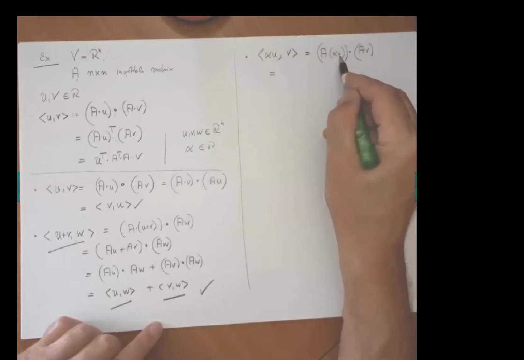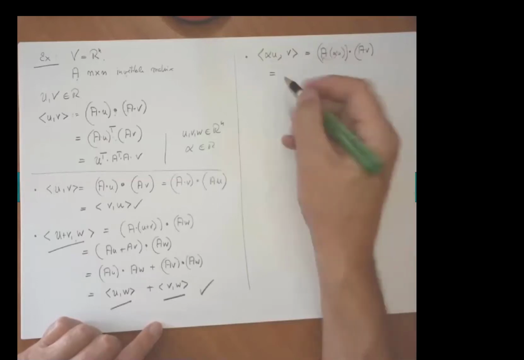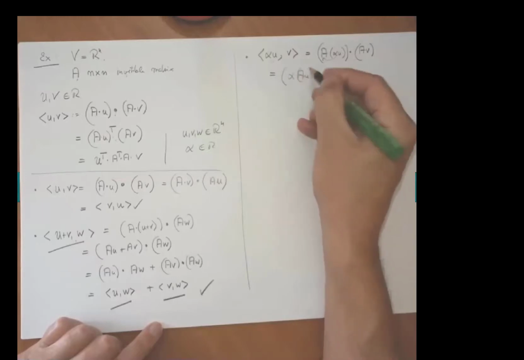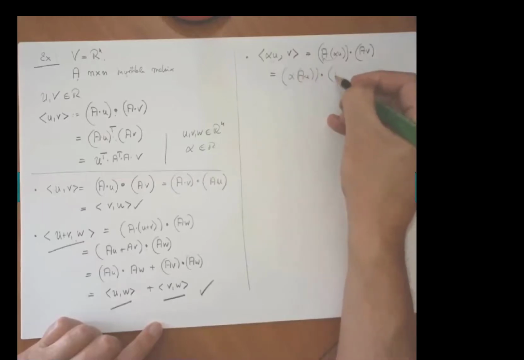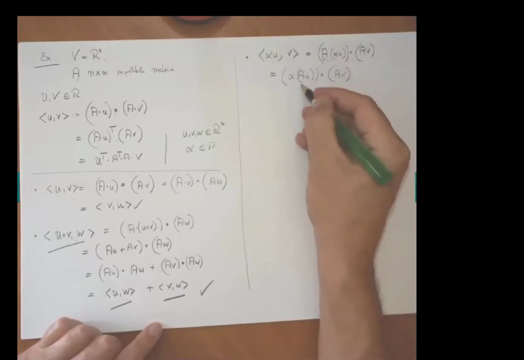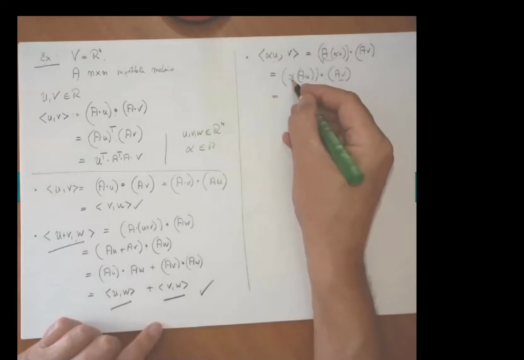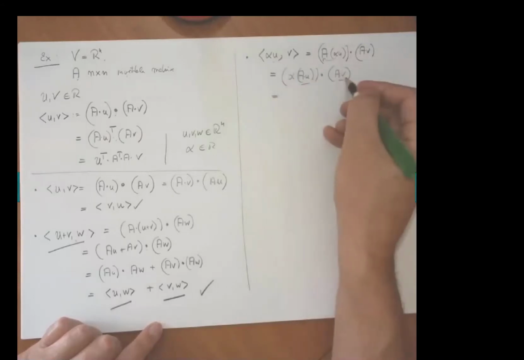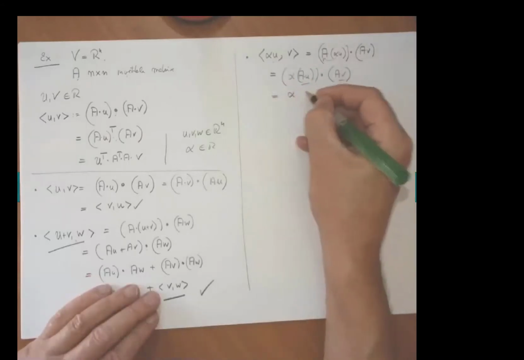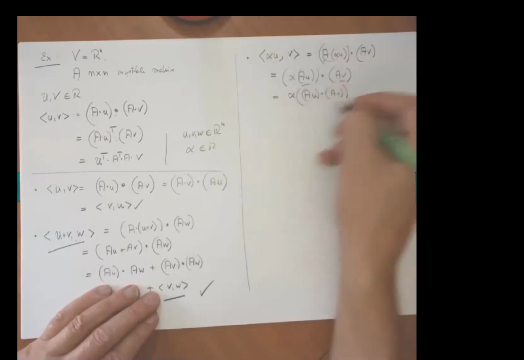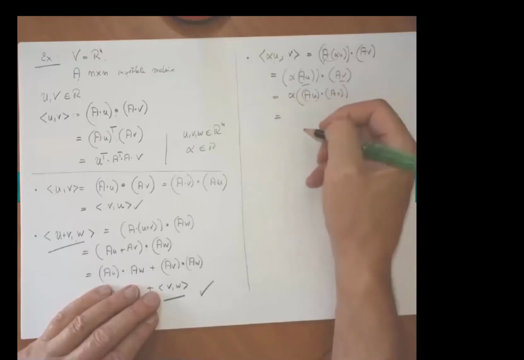That's something we did in section 1.4. So the alpha can go here in front. So this is alpha Au dot product Av. So now we have a vector dot product with a number. For the dot product, we know we can put the number in front or to the second, whatever we like. So it turns out this is alpha Au dot Av. And again, this is our new inner product.